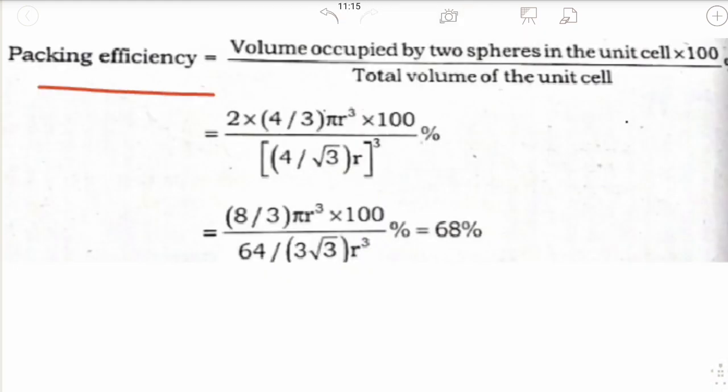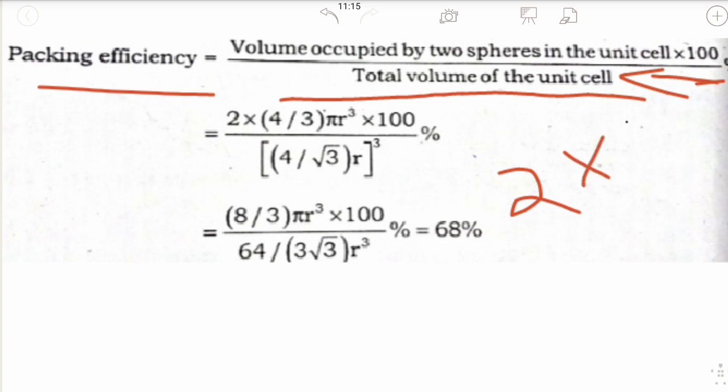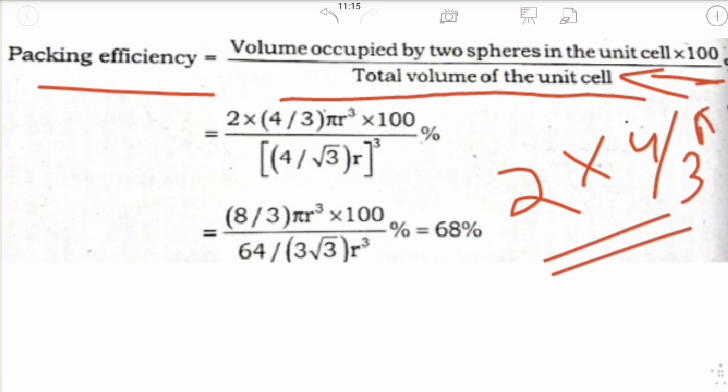Now we have to find the packing efficiency. Packing efficiency is equal to volume occupied by the two spheres in the unit cell into 100 divided by total volume of the unit cell. The volume of a sphere is 4 by 3 pi r cube, so for two spheres it is 4 by 3 pi r cube into 2, into 100, and the volume of the cube is a cube.